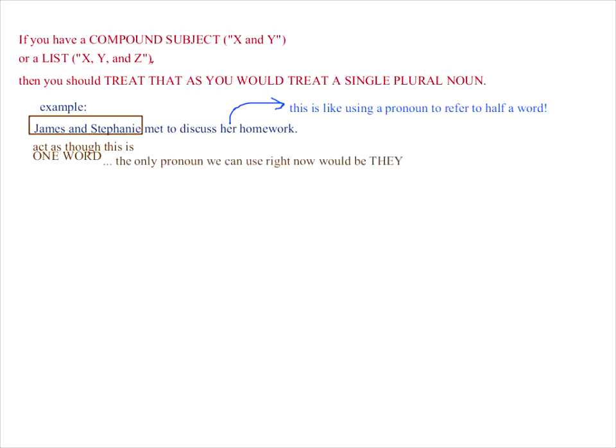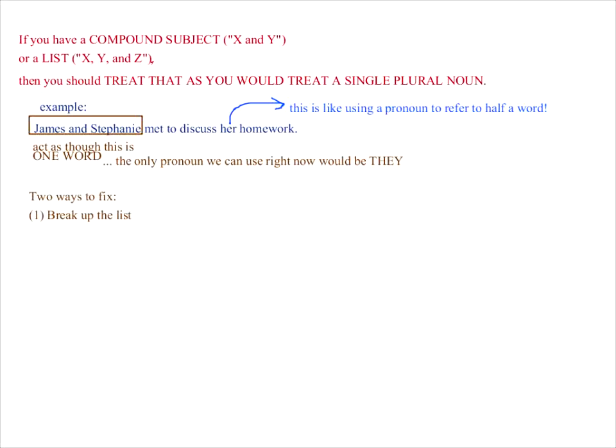So there's 2 ways to fix this. And both of them involve not using "her", at least not using it the way it is now. The first way to do it is to break up the list. So you could say something like, James met with Stephanie to discuss her homework.